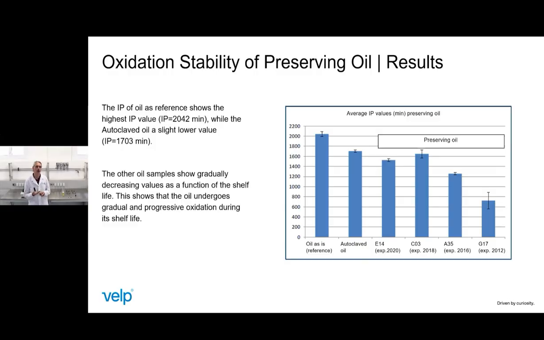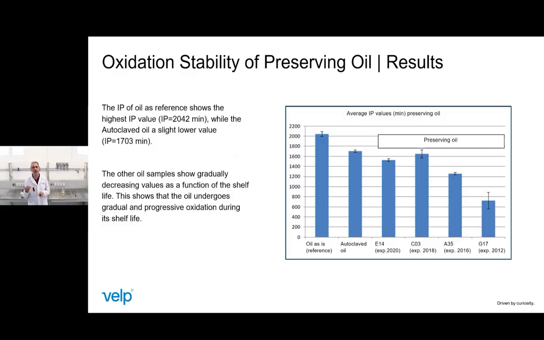The induction period of the oils is reported in the graph above, and we can see that we make a parallel between a control group, that is fresh oil submitted to the same process that the product has undergone, and a different group of preserving oil.